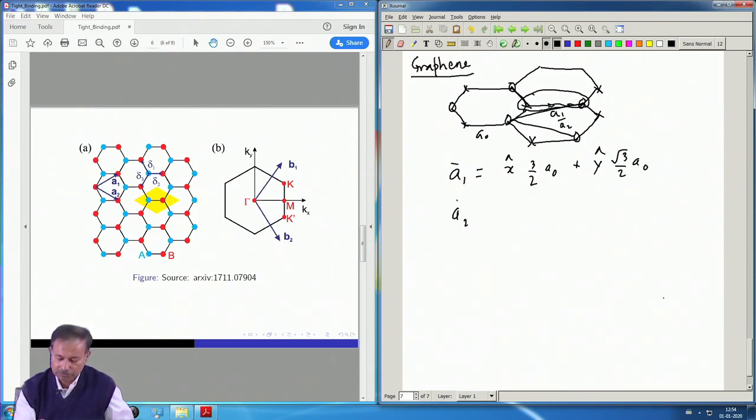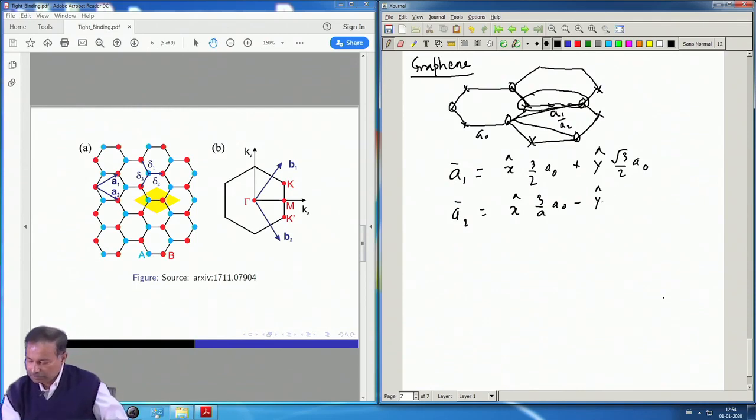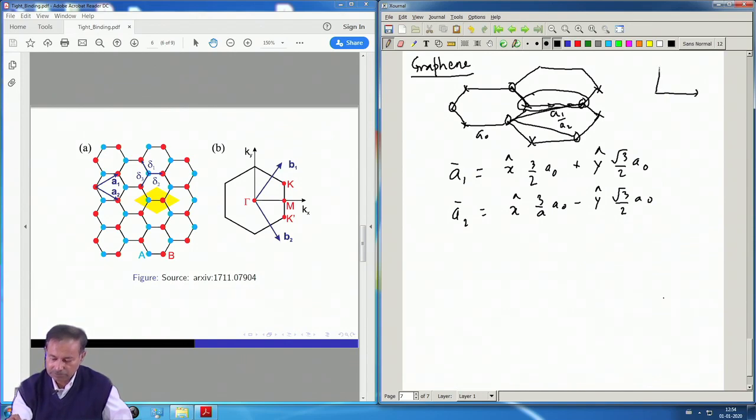And A2 is again x hat 3 by 2 a0 minus y hat root 3 by 2 a0. My x and y are these two axes, x hat and y hat are the unit vectors along these two directions, as conventionally we do.